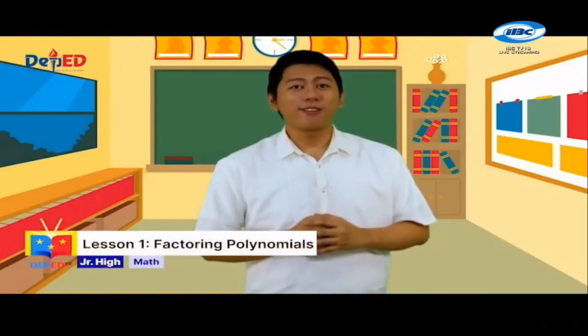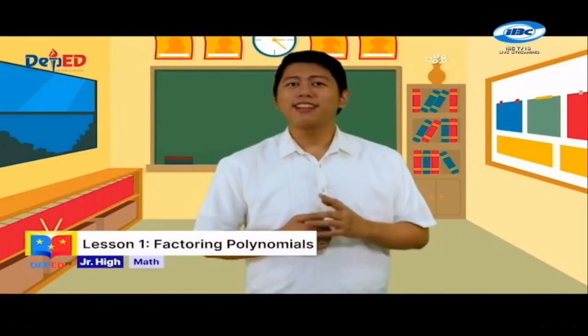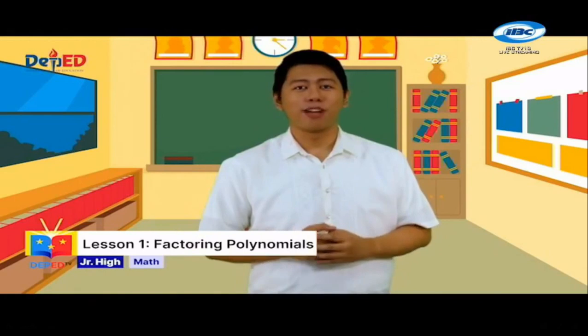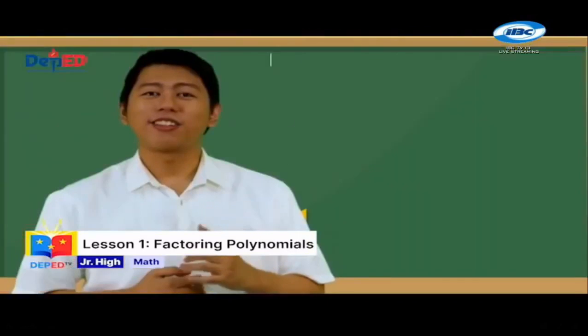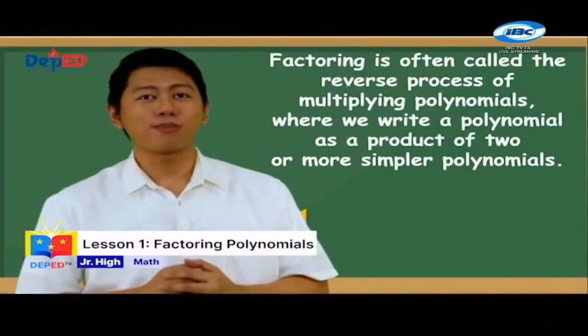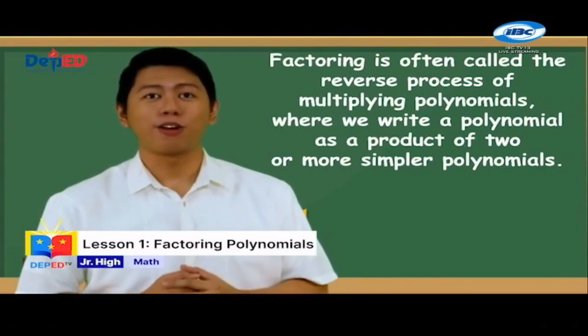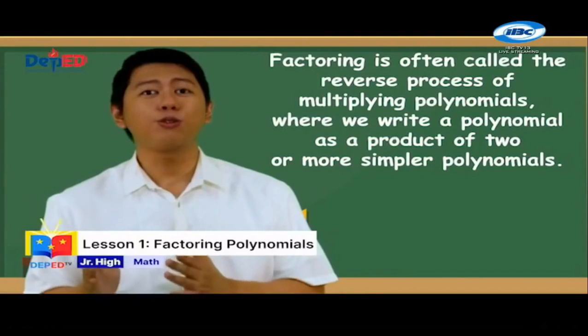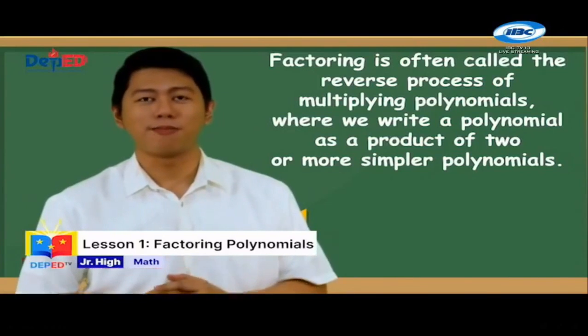Remember that getting the greatest common monomial factor is different from writing a polynomial in its factored form. Factoring is often called the reverse process of multiplying polynomials, where we write a polynomial as a product of two or more simpler polynomials.